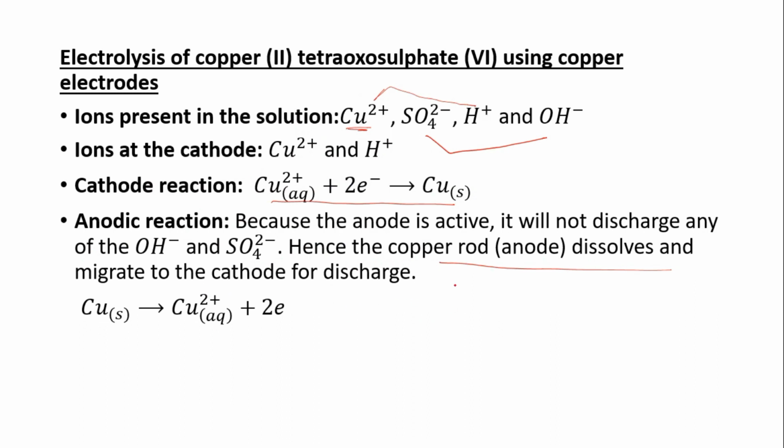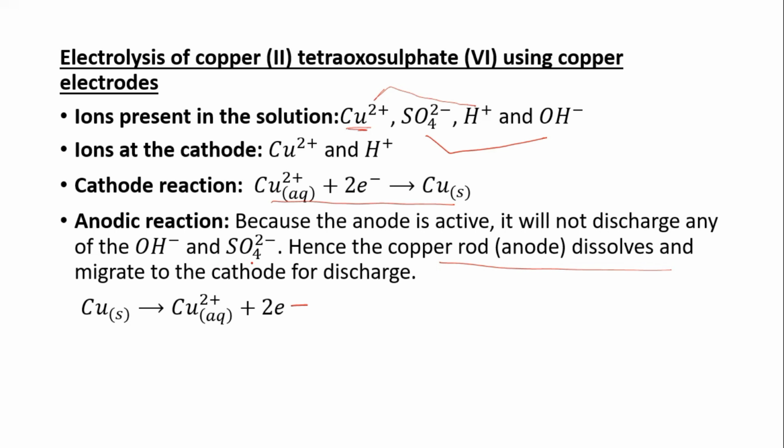And when it dissolves, it joins the copper 2 plus ions present in the solution, and they will both migrate to the cathode for deposition. So therefore, what happens in the electrolysis of copper sulfate is that we have the dissolution of the anode, unlike when we are using an inert electrode, where the normal reaction occurs.